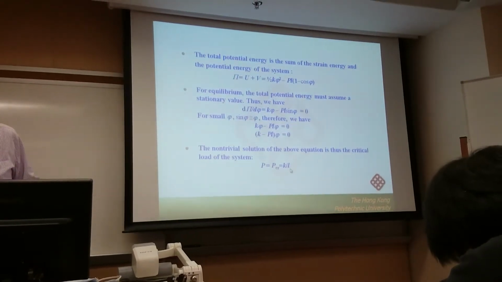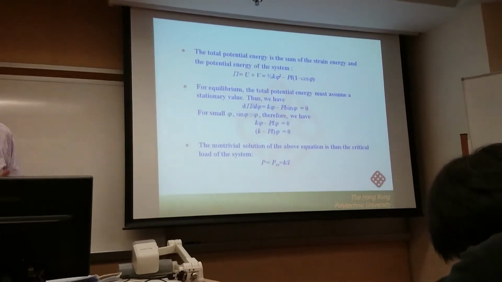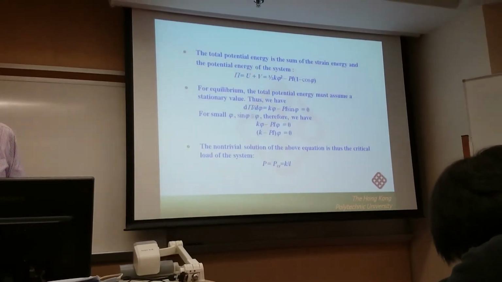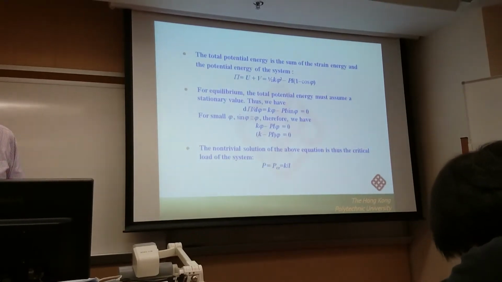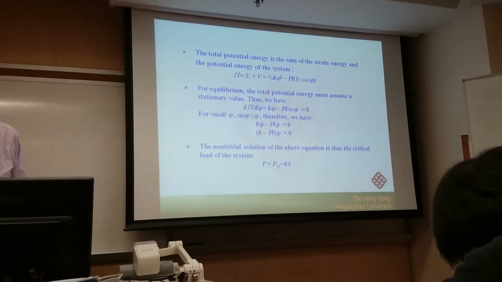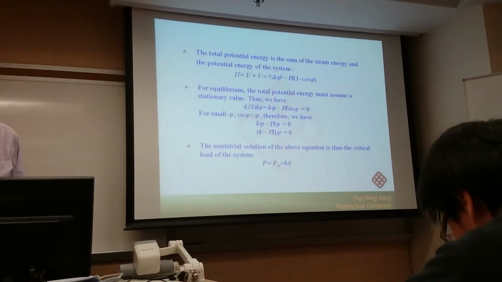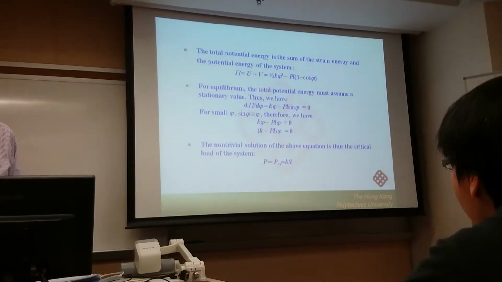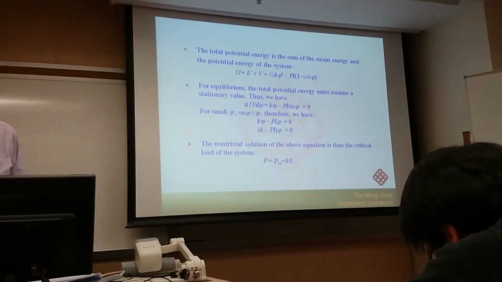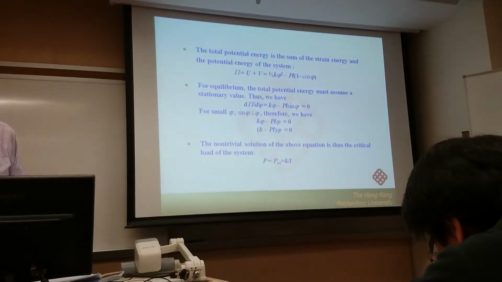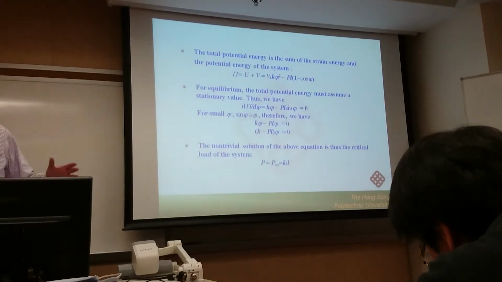Please understand, if you obtain the critical load as a function of the rotation, that means your solution is not correct. The critical load is just a function of the structural behavior, including the stiffness of the structure and the length of the structure. It is impossible for it to be a function of the response. The critical load is a natural behavior of the structure. It is similar to the dynamics issue.